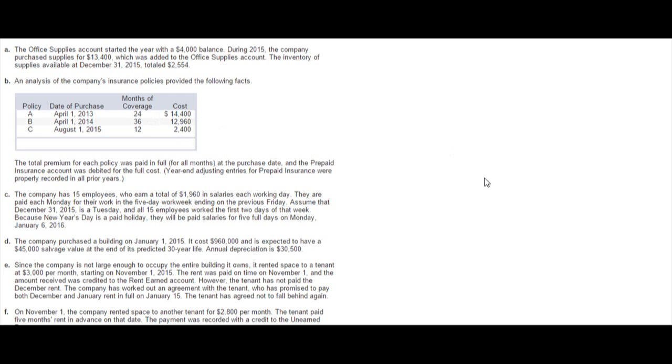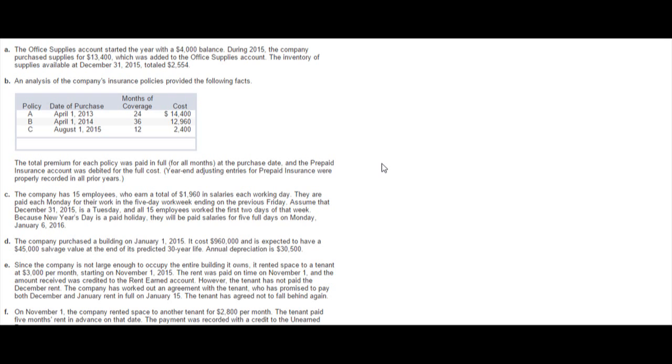On April 1st, 2014, 3 years worth for $12,960. August 1st, 2015, a year for $2,400. These journal entries are being done on December 31st, 2015. So we have to figure out for each one of these how many months of coverage were in that particular year and what the per month coverage is for each one.